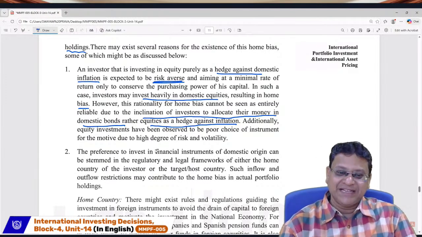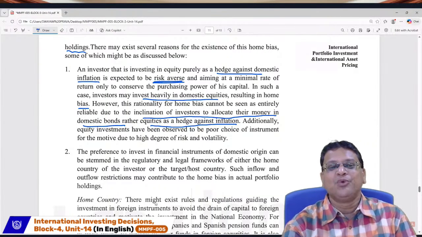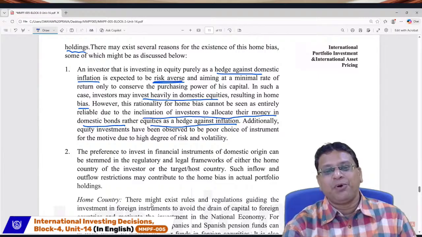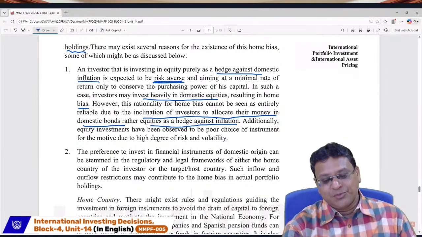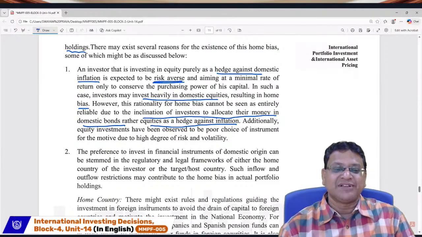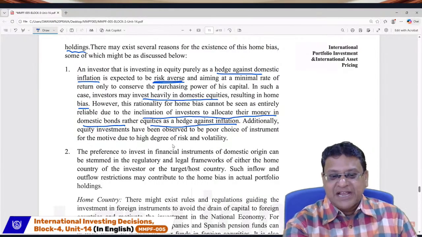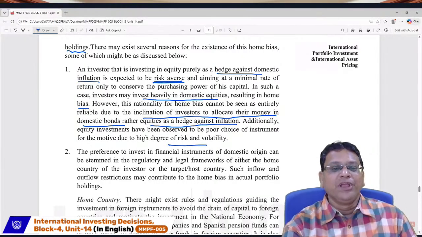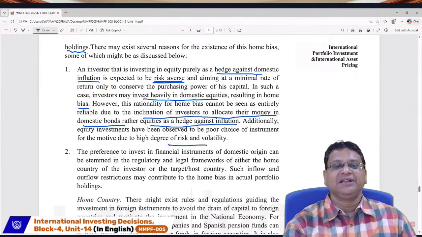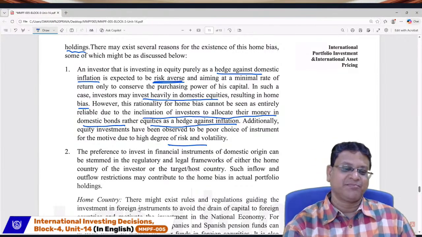They only take a risk of equity investment to cover the domestic inflation. Therefore, as long as domestic investment covers domestic inflation, they are happy with domestic investments. They do not want to take a higher degree of risk and volatility by going for foreign investment. This is known as home bias. First reason for home bias is this.